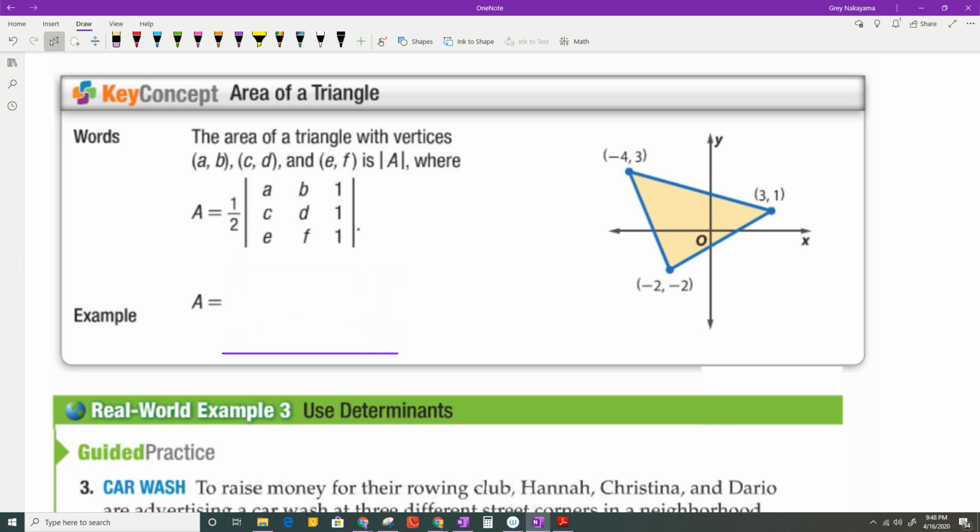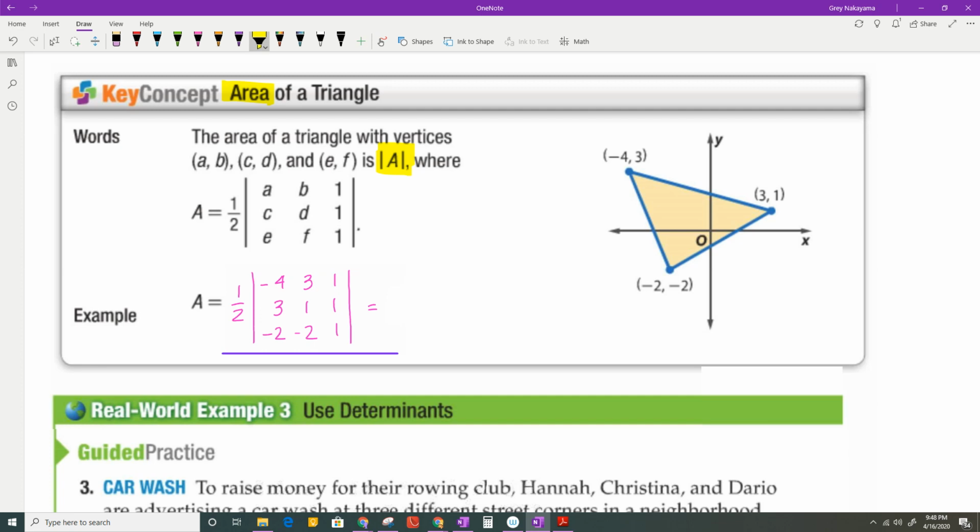Okay, actually it's 1/2. This is key right here, y'all. It is 1/2 the absolute value of A, because the area of a triangle can never ever be negative. Okay, so I've got my 1/2, and these points, -4, 3, 3, 1, and -2, -2.